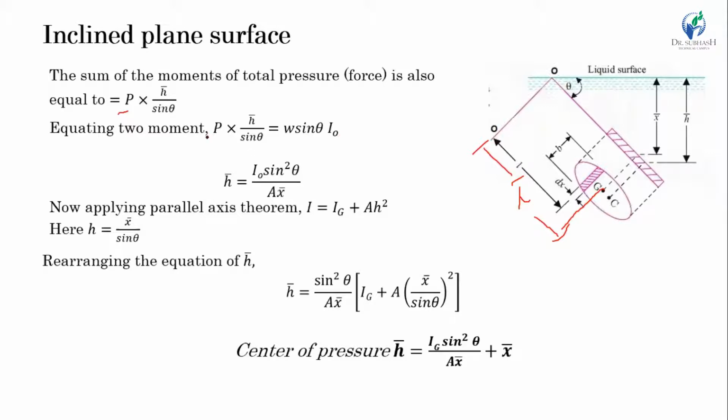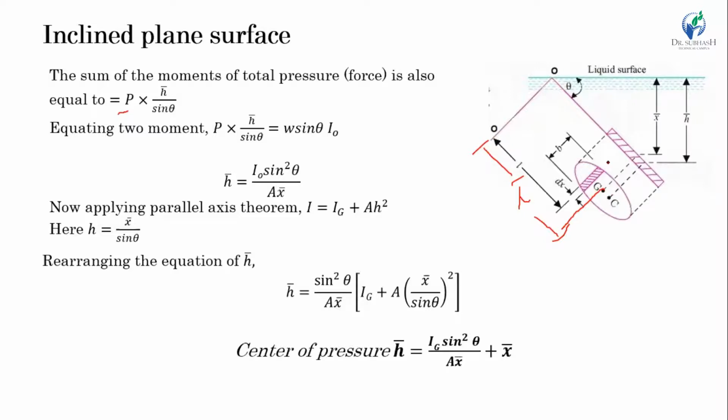Put the value of P, which is WA X bar, which we derived in the previous slide, and then equating and removing common terms from both sides, we get H bar equal to I0 sin square theta upon A X bar. Here I0 is the moment of inertia about the axis we have considered, parallel to the surface.